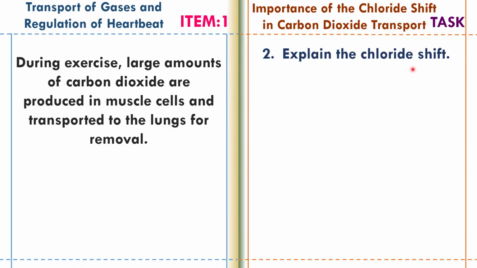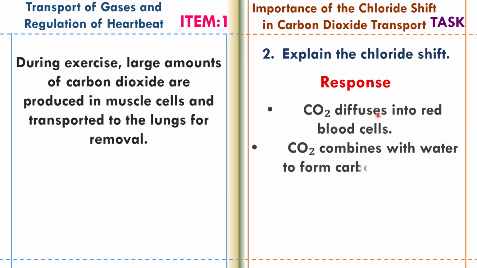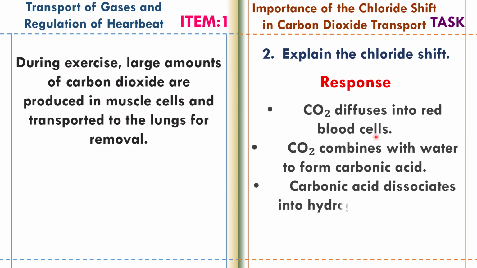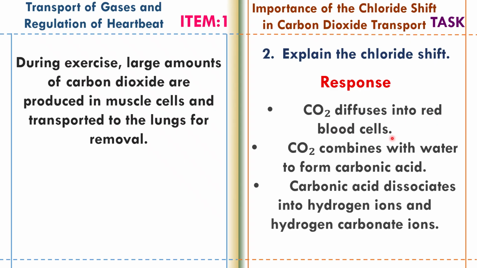Explain the chloride shift. Carbon dioxide diffuses into the red blood cells. Carbon dioxide combines with water to form carbonic acid. Carbonic acid dissociates into hydrogen ions and hydrogen carbonate ions.